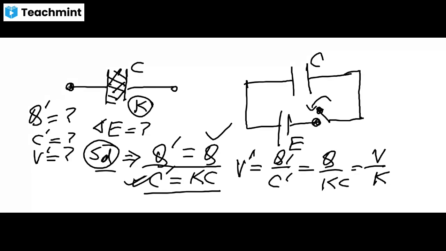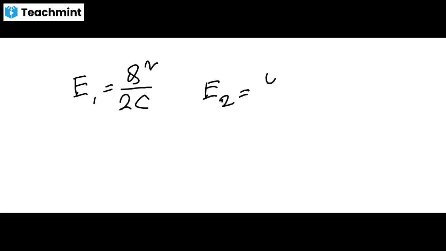Now we'll calculate the change in energy. Initially, the energy stored in the capacitor with charge Q is Q square by 2C. Finally, the energy is Q prime square by 2C prime.